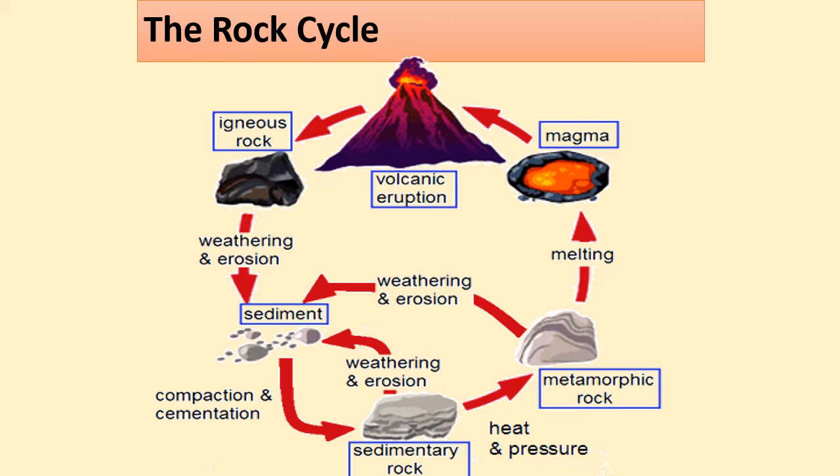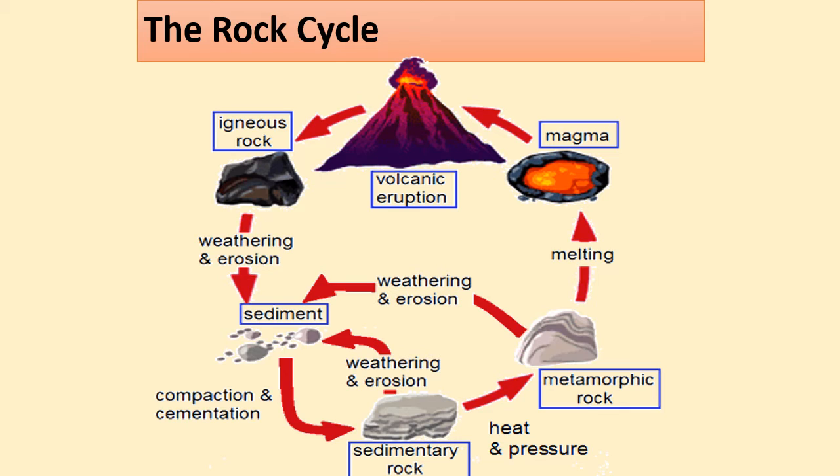But also, because metamorphic rocks exist in the Earth's crust, sometimes if there's an earthquake or if the plates that the crust is made up of move, metamorphic rocks actually sink lower down through the crust into the mantle. And if that happens, those rocks will melt and form magma, and the process completely starts again.